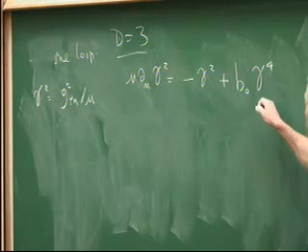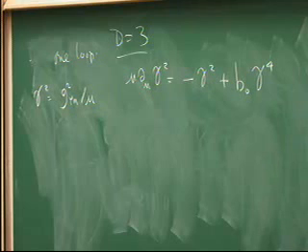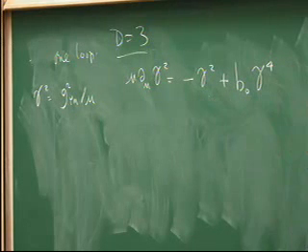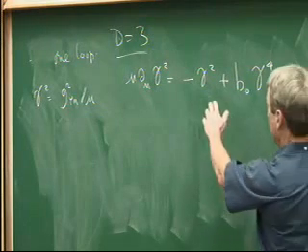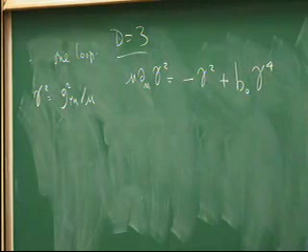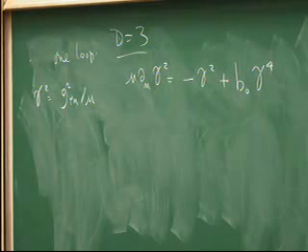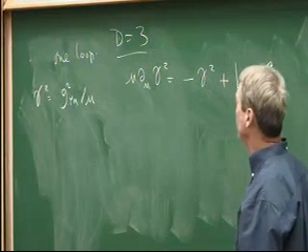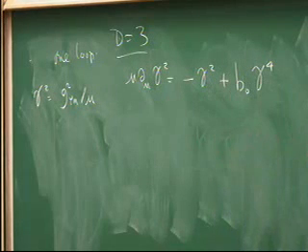And I want to just play the game of pretending that the one loop term is the only one that matters. And so if b naught is positive, there's a zero at finite gamma. And in fact, as you go to lower energies, gamma stops getting strong and flows to a non-trivial IR fixed point. In many cases, I'm not sure how universal it is, actually, you can think of b naught as being the same beta function that you would have had for this matter content in D equals 4.